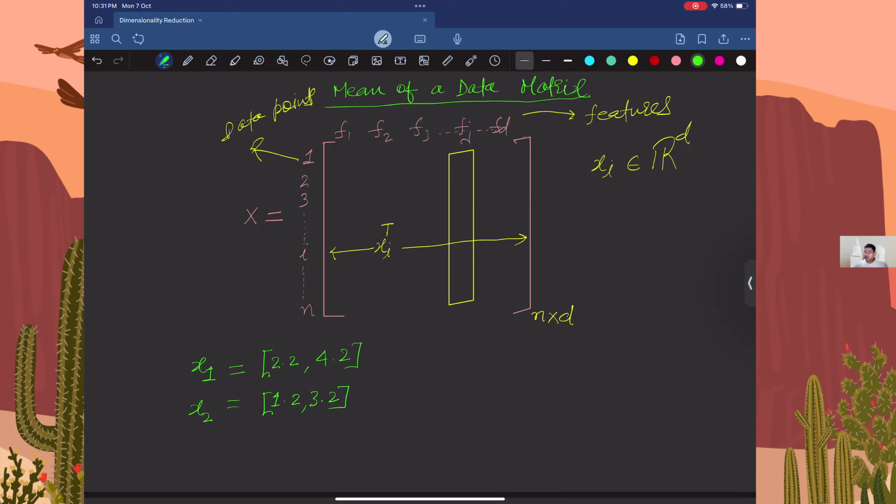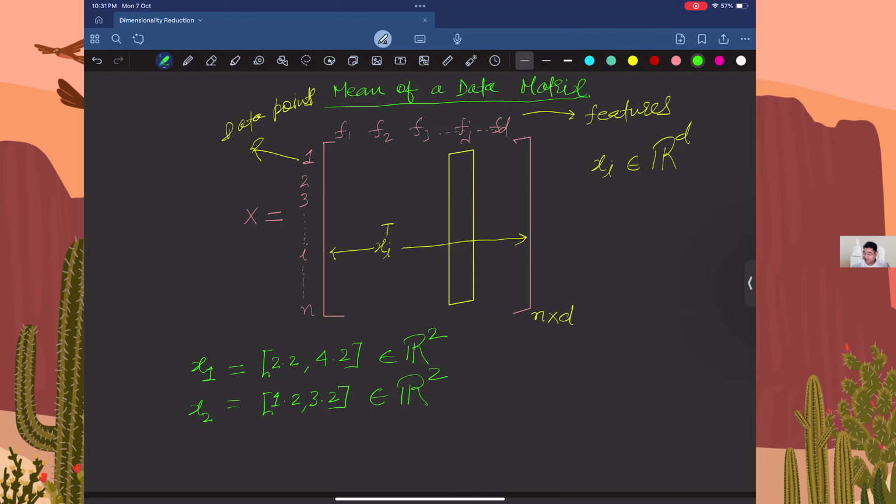Now I'm saying this vector x1 belongs to R2, and x2 also belongs to R2. Why do both belong to R2?